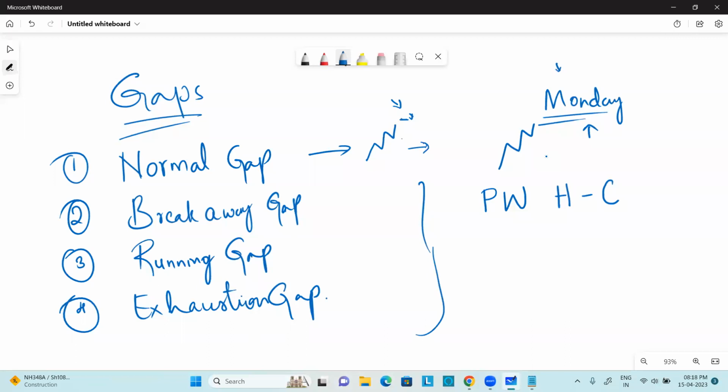So whenever you are trading on Monday, you need to see different things, that is the previous week high, low. इसमें बहुत इंपॉर्टेंट होता है, sorry, previous week high and close. इसमें कभी भी क्लोजिंग का बहुत इंपॉर्टेंस होता है. Closing, yesterday close, previous week close, all that. Closing is very important.